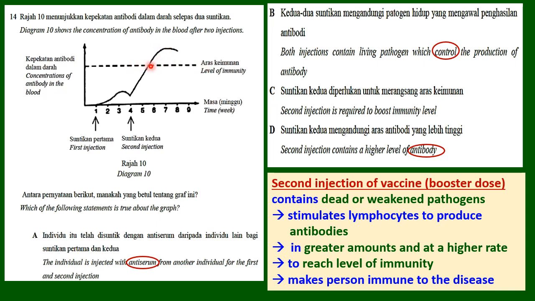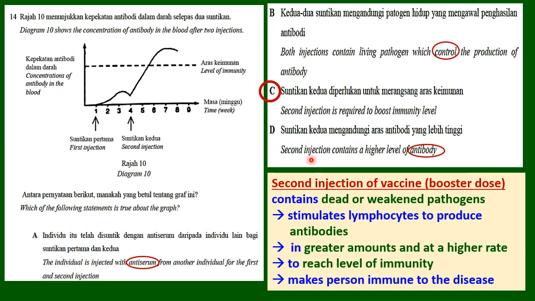So this will make a person immune at this stage here, around nearly 6 months, when the curve cuts the line for the level of immunity. So second injection is required to boost the immunity of a person and to make the person immune in this case. So the answer is C.